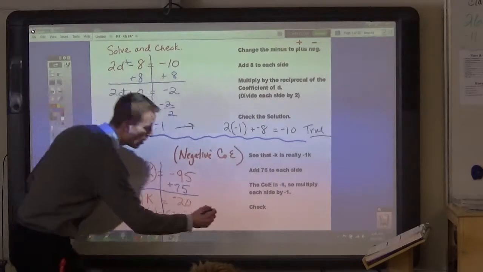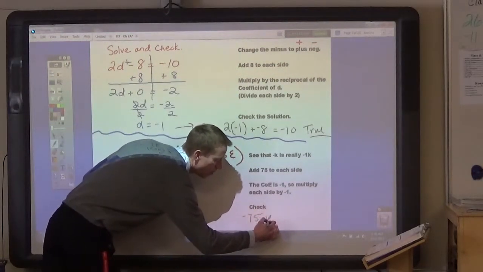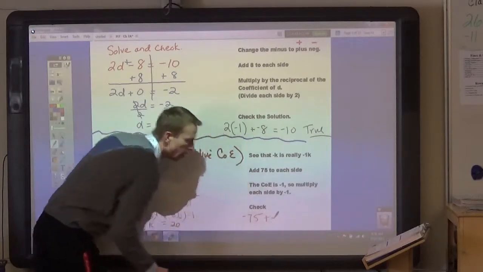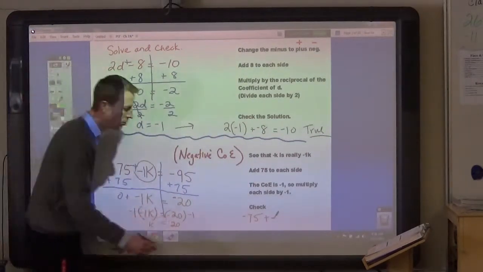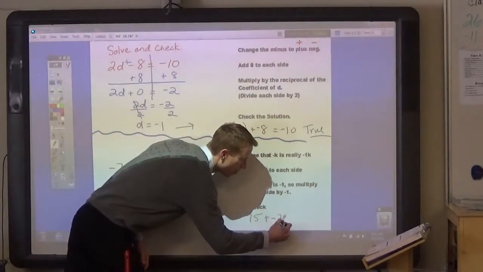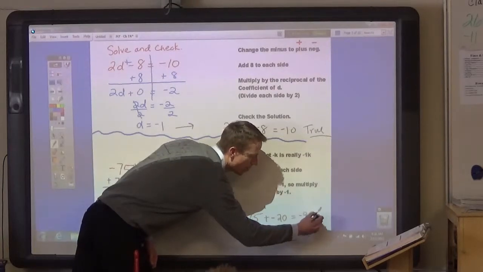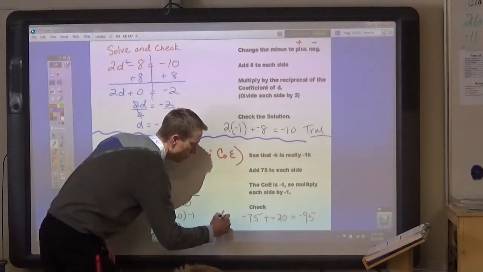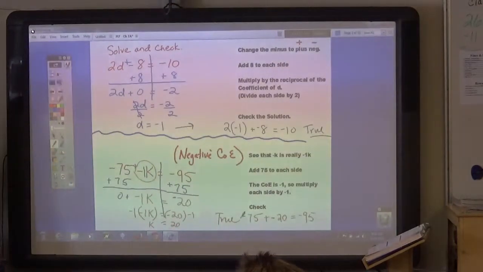Look, negative 75 plus negative, there's that negative sign, and then we put 20 in. Equals negative 95. That's true. Okay? Any questions about that type?